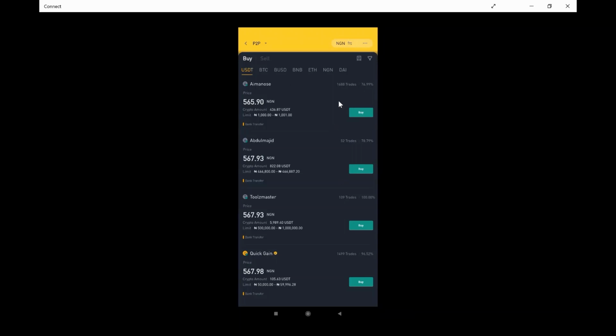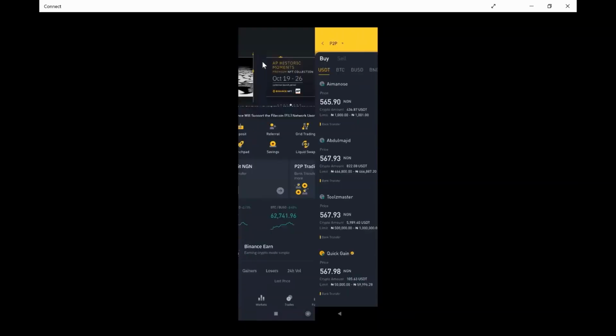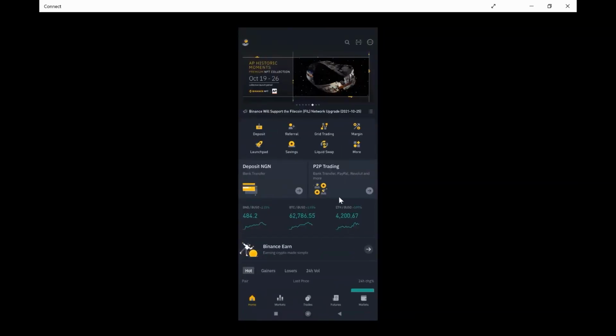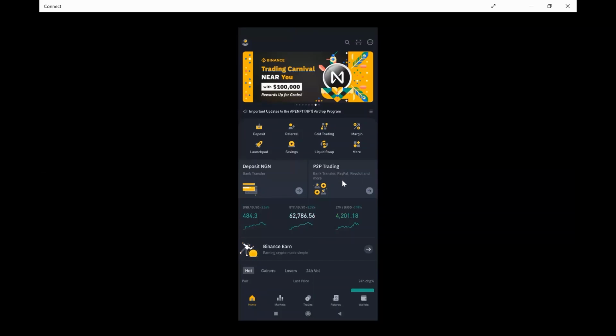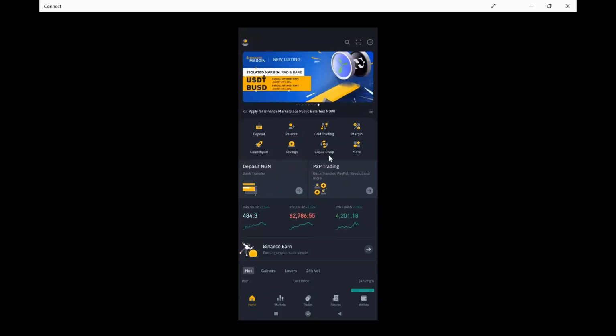So this is the platform. On your mobile phone, how do we get here? Let's go back. You see the Binance interface. Most times you can just come here and you have P2P.